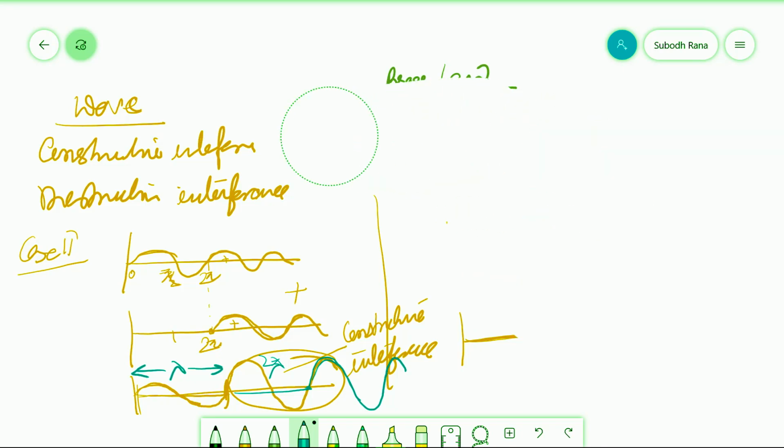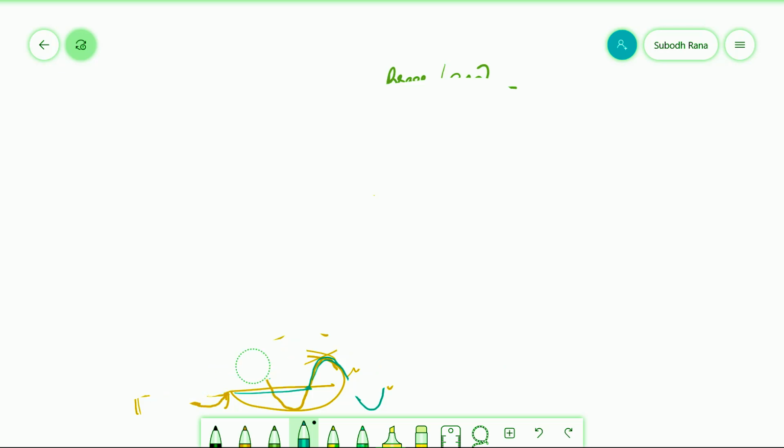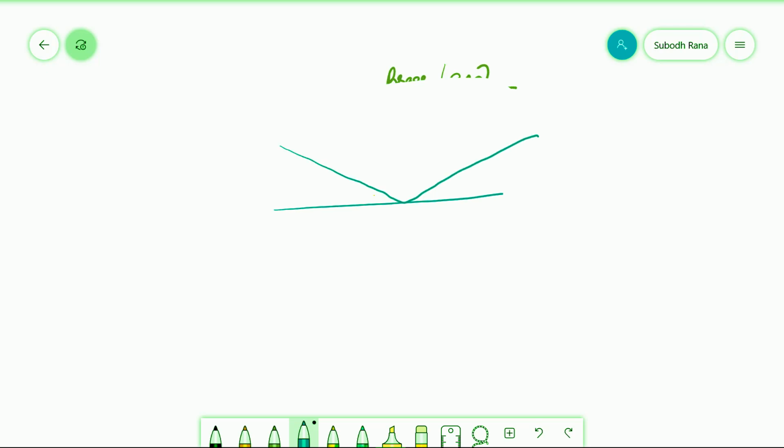So in the case of diffraction, this is the diffracted beam. Since there are atoms over here, whenever an X-ray hits one atom, it can be diffracted or reflected in any direction, like this.